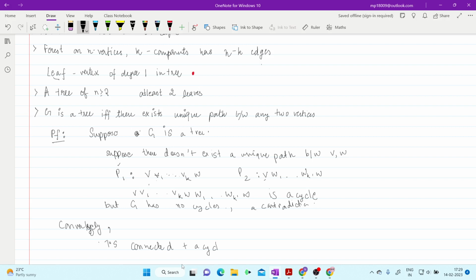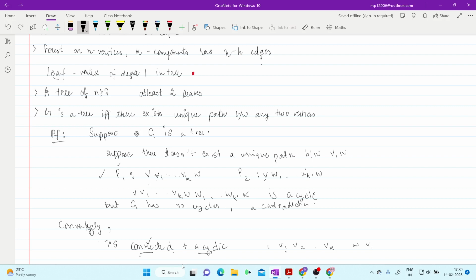Connectedness is pretty obvious, because if there exists a unique path between any two vertices, there exists a path between any two vertices, and we see that it is connected. And it is acyclic using a similar argument, because if it is not acyclic, suppose we have a cycle, say v1, v2, ..., vk, w and back to v1.